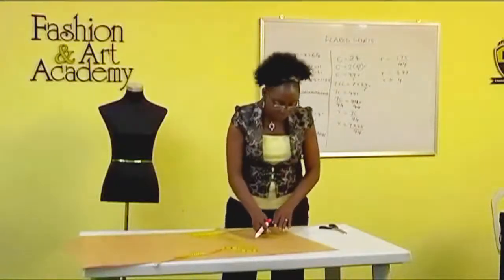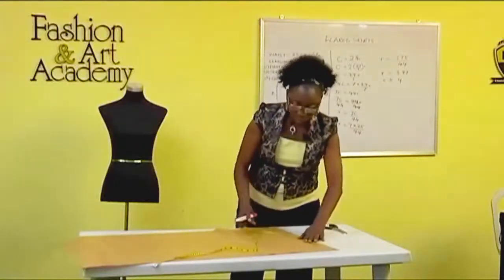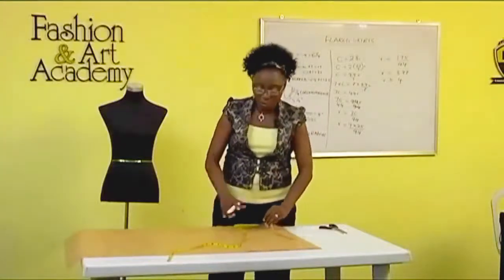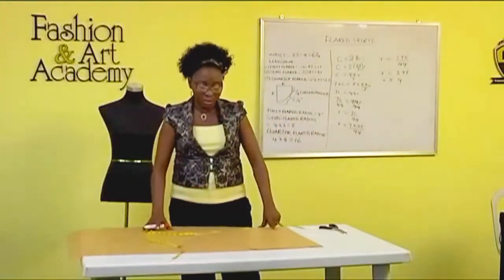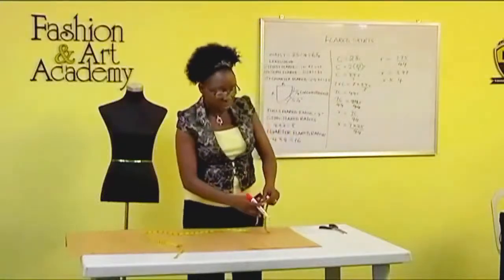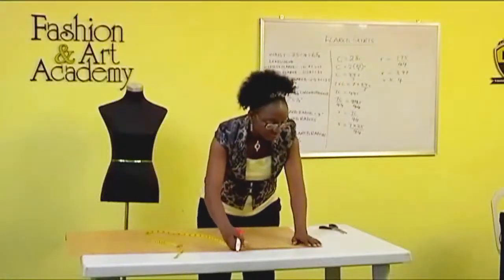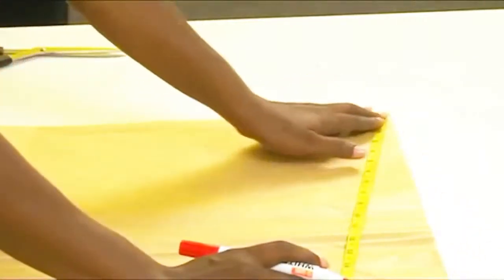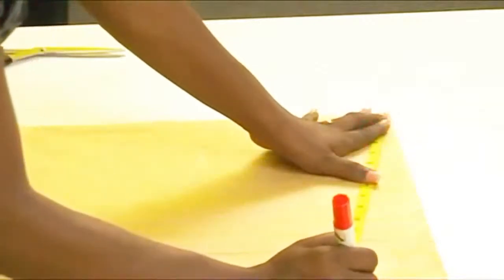Now I want to measure out my quarter flared radius. Now that is 16 inches. So what I need to do is just mark out 16 inches here. Same way I did the others, just mark it out 16 inches. 16 inches like that.